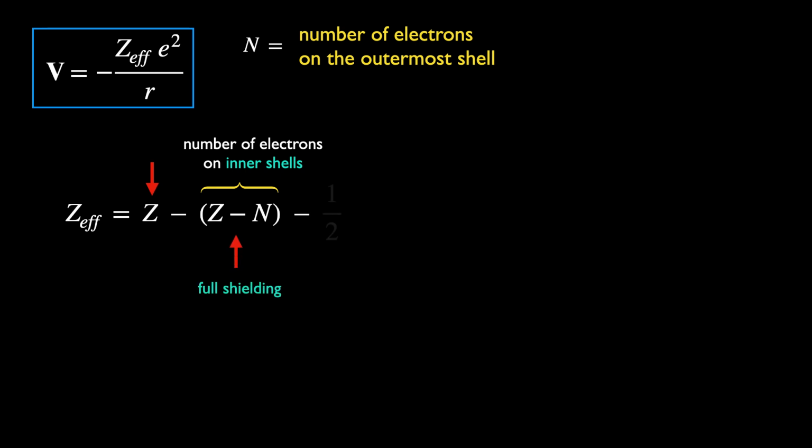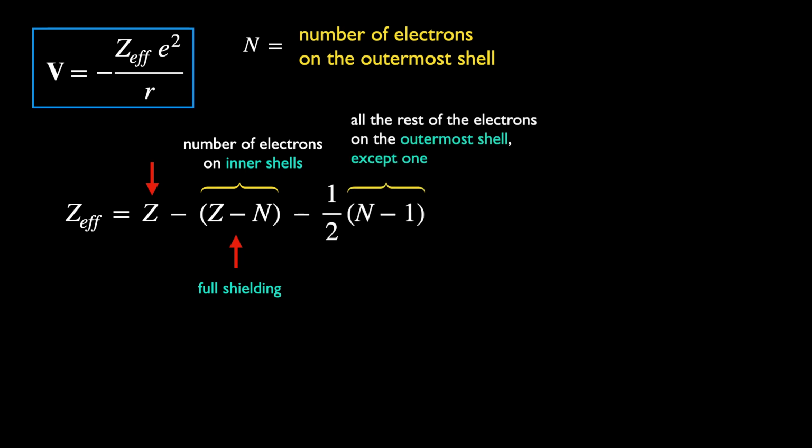And finally, minus half times the rest of the outermost electrons. This half is to take into consideration the partial shielding effect of these electrons on that one electron, because electrons on the same shell can only shield each other partially. And so we have this result.